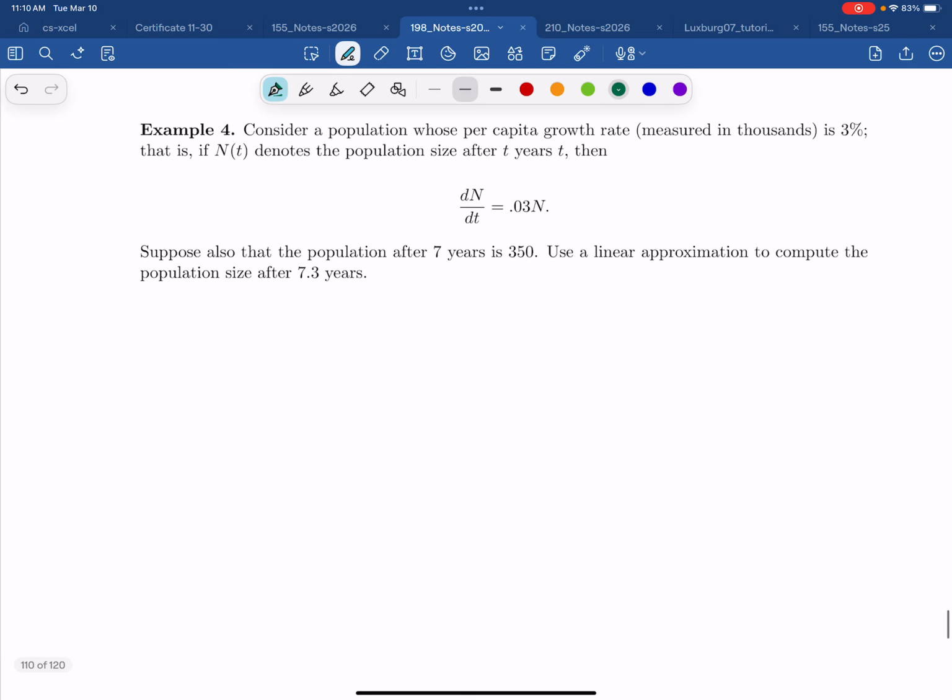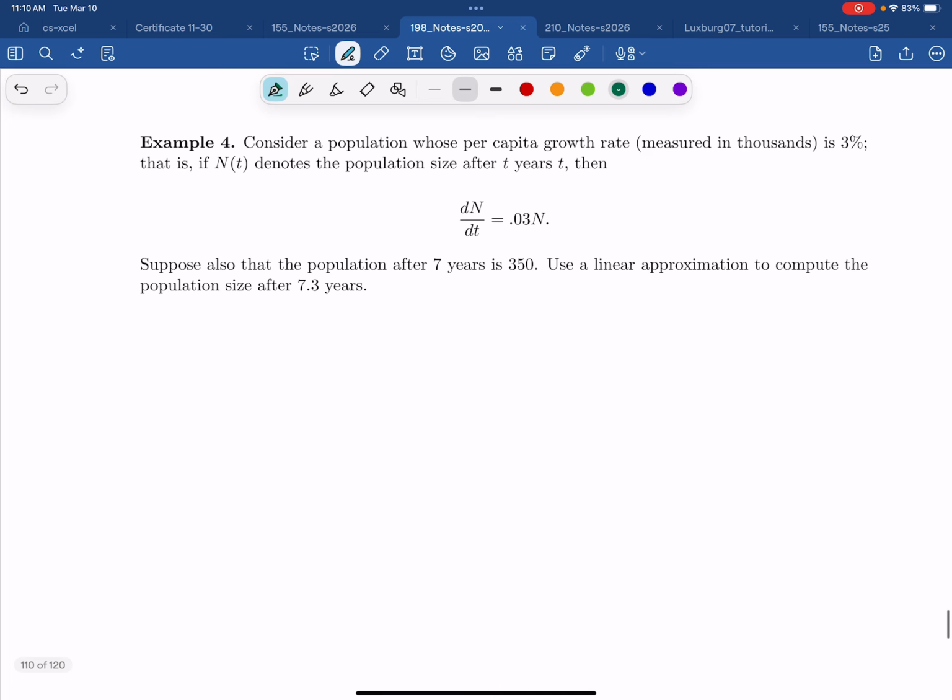One more example, example 4. Same sort of situation, except the per capita growth rate is 3%, right, given by this guy. And we also know that this is true, right? So here we have n of t equals, well, we don't actually know, but we know that n of 7 equals 350.